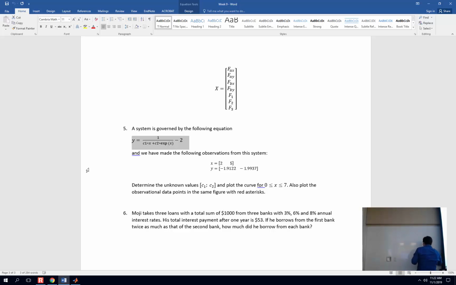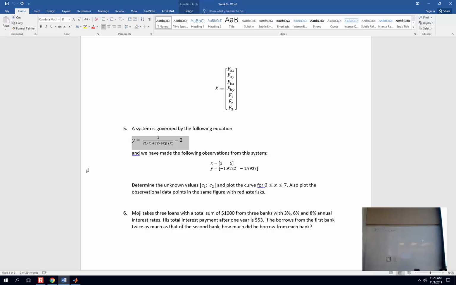What I will do is first, I'll take minus 2 to the other side. It becomes y plus 2 is equal to 1 over c1x plus c2 exponential of x. That's the first step.